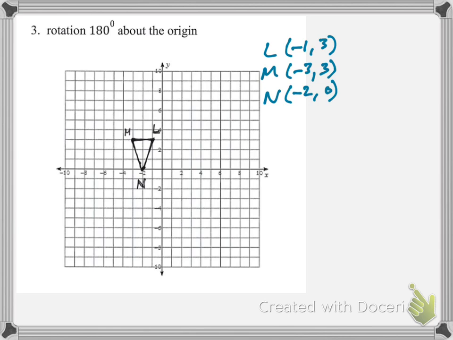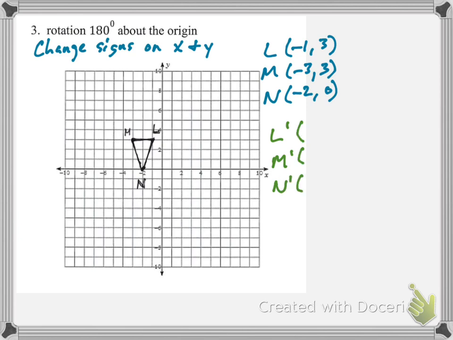Now, the rule for 180, very simple. Change the signs on X and Y. So keep the numbers the same. You're just going to change all the signs. So numbers stay, signs don't.